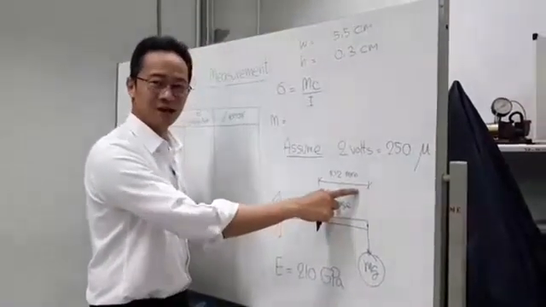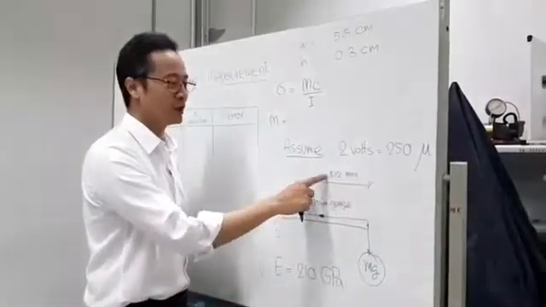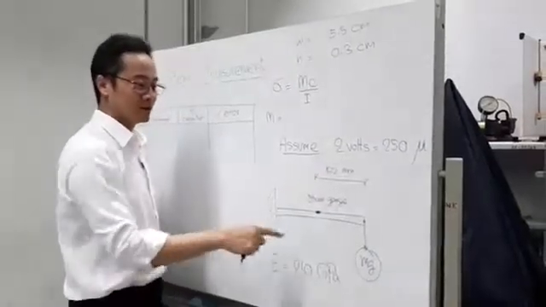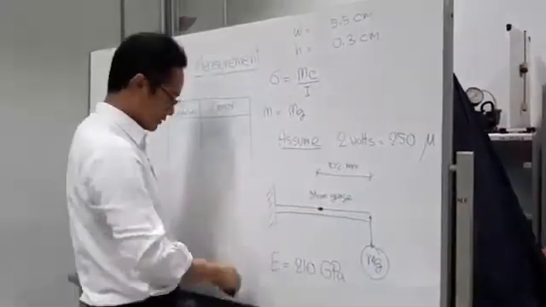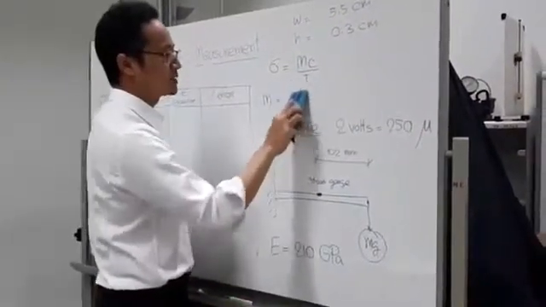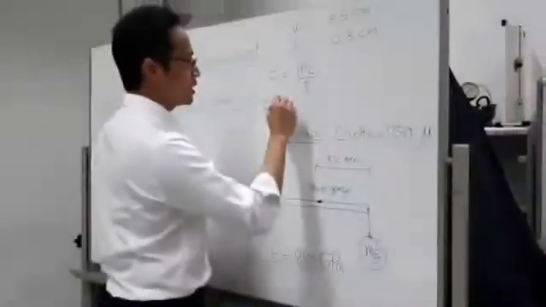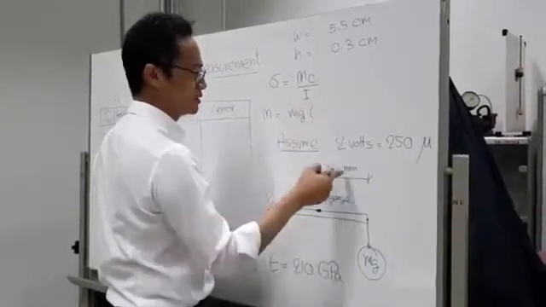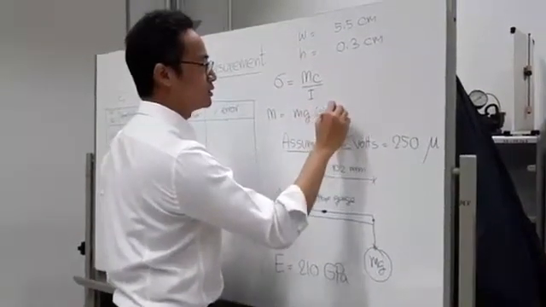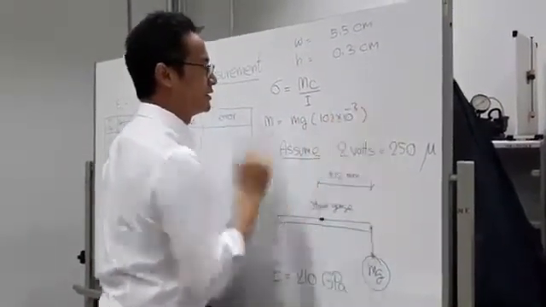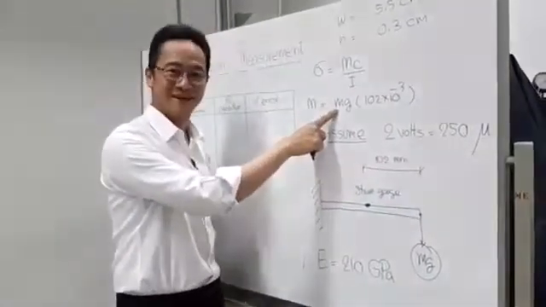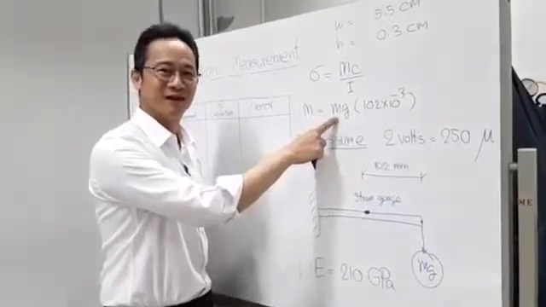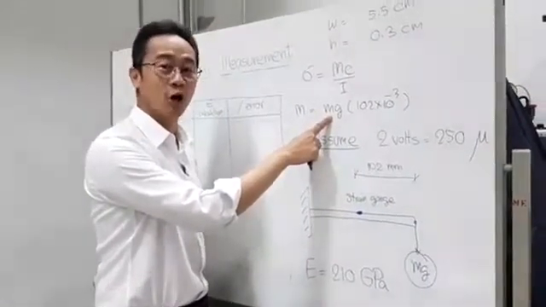I measured the distance for you, 102 millimeter. So what is my moment? mg times 102 times 10 to the minus 3. So my moment depends on the mass I hang on.